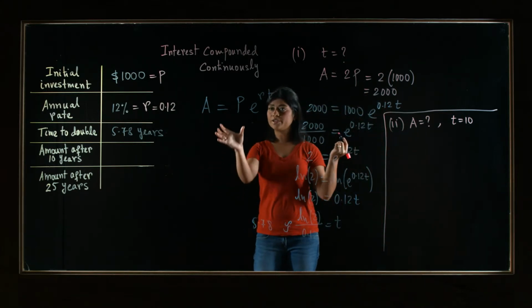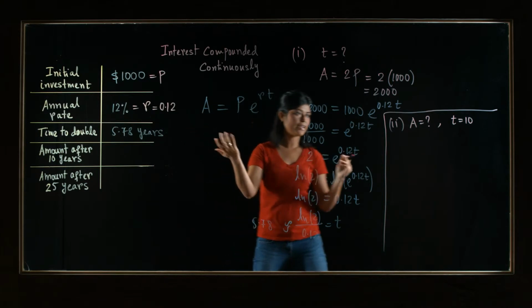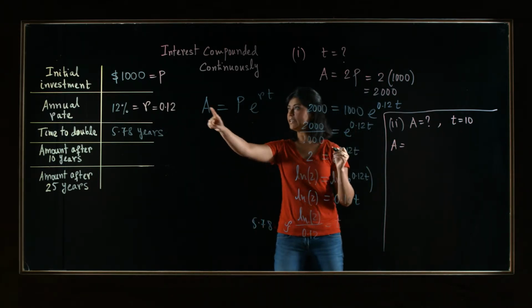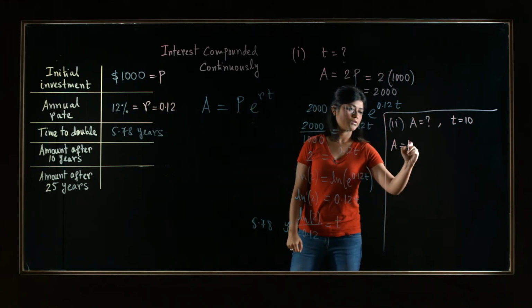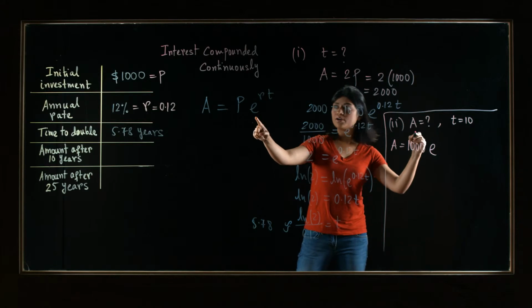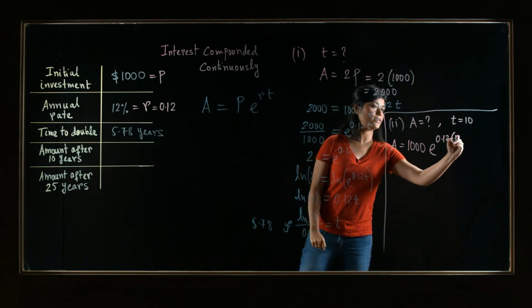So we take our equation and plug all the information in and figure out the value of A. So A will be equal to, again P is given to be 1000, so 1000 e to the power, r is 0.12 and t is 10.